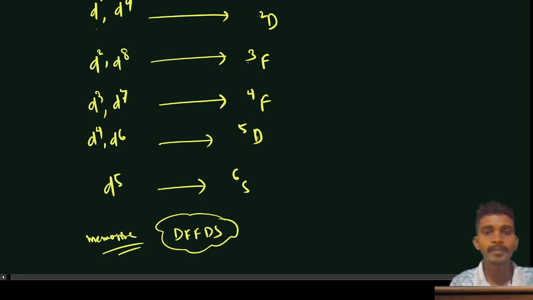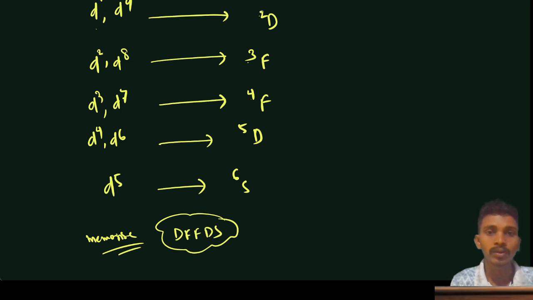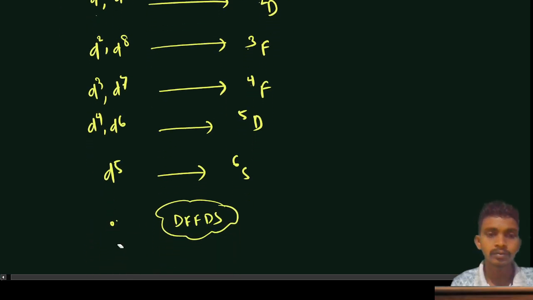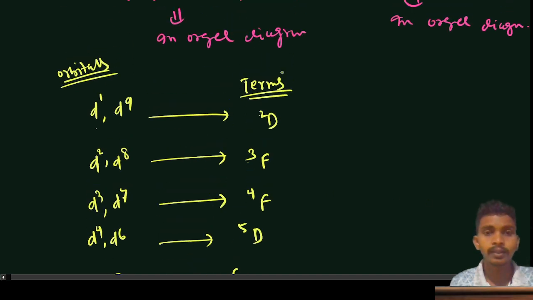So D F F D S. Okay, d1 plus 1 plus 2, 2 3 4 5 6, so it will start from 2, 3, 4, 5, 6. This you have to memorize. And this is for the ground state.